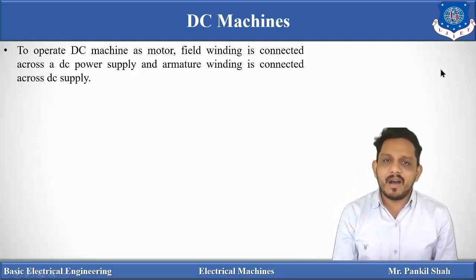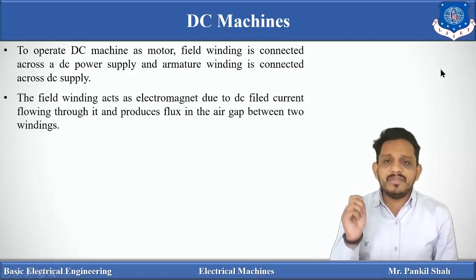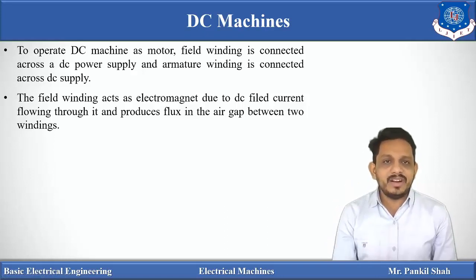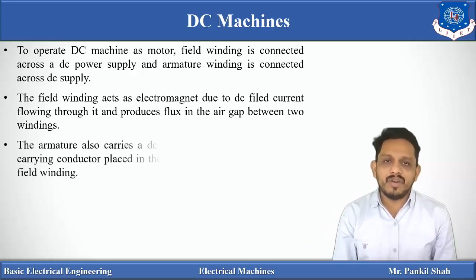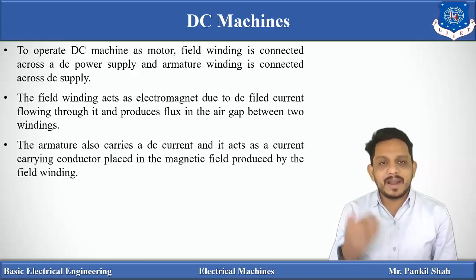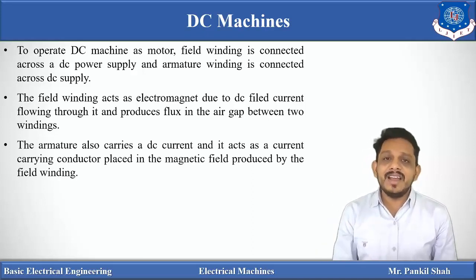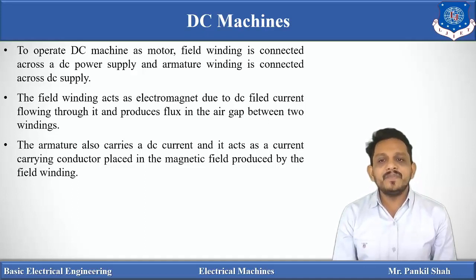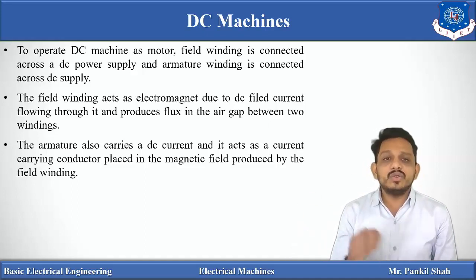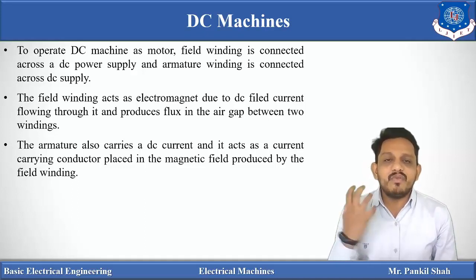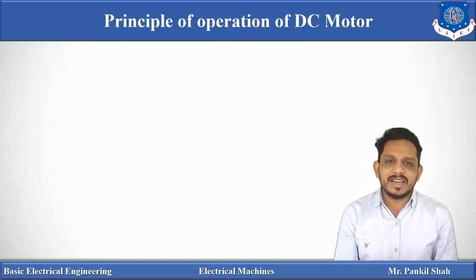That is the mechanical output. The field winding acts as an electromagnet due to the DC field current flowing through it and produces the flux in the air gap between the two windings. The armature also carries a DC current and acts as a current carrying conductor placed in an electromagnetic field, so there will be some force on the armature side.